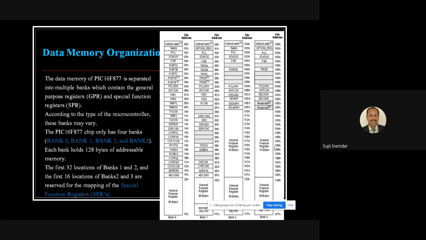But here आणि तशीच 128 plus 128 होती जर आठवत असेल तर, की 128 it is for general purpose आणि additional 128 for SFR. असं डिस्ट्रीब्युशन त्या 8051 मध्ये होतं. In the same manner, in this PIC, there are 4 banks: Bank 0, Bank 1, Bank 2, Bank 3.